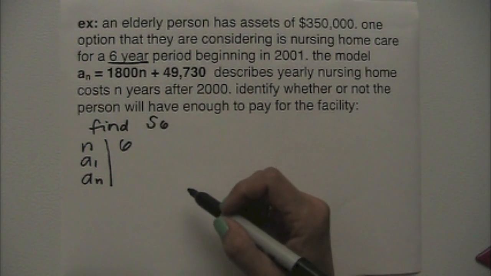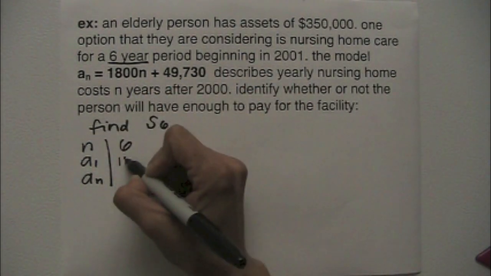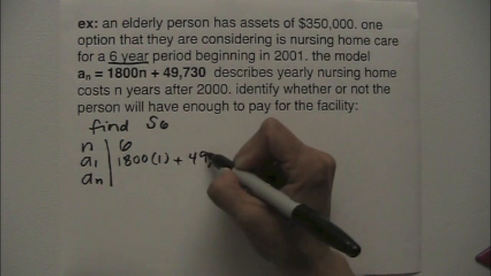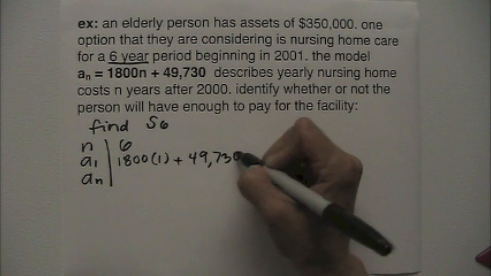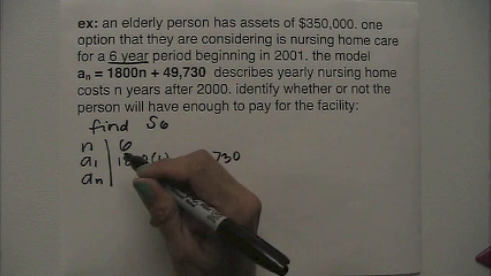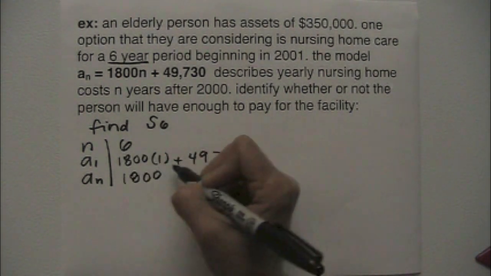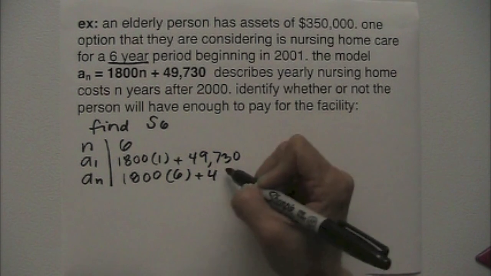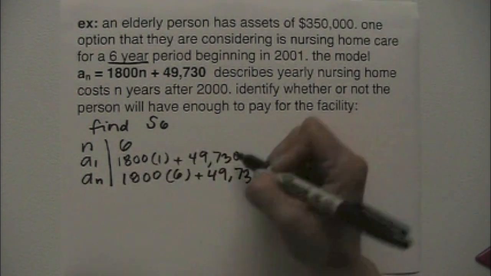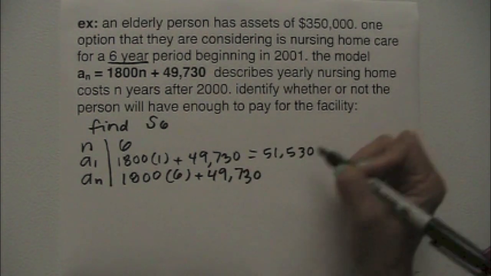To find a sub 1, we're going to plug that into this formula that's given for a sub n. And then a sub n is going to be plugging in 6 to the formula. When you work this out, you get 51,530.